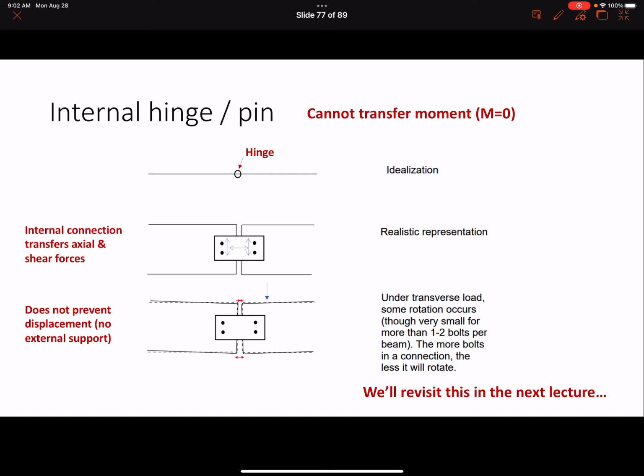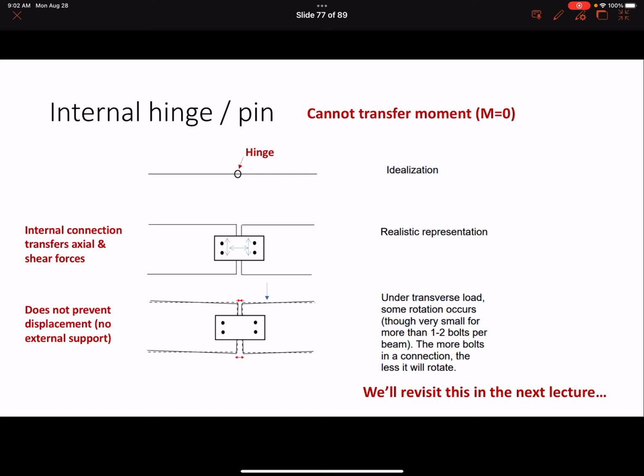We'll consider how we analyze a structure that has one of these internal hinges in it. So essentially the most important thing to remember with internal hinges or pin connections is that it's just a pin connection between two members, right? And there's no external support associated with that connection. So this connection cannot transfer moment, right?